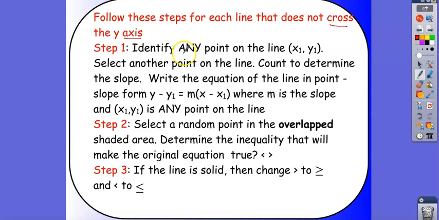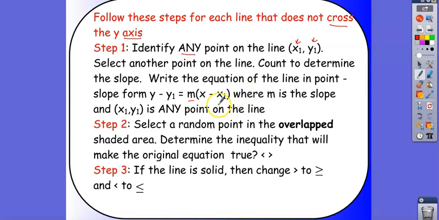What you want to do is identify any point on the line, pick it out, select another point on the line, and count to determine the slope. Then you're going to write the equation of the line in point-slope format, which is y minus whatever you picked for that point is equal to the slope, whatever you counted out, times x minus whatever you picked that first point to be.